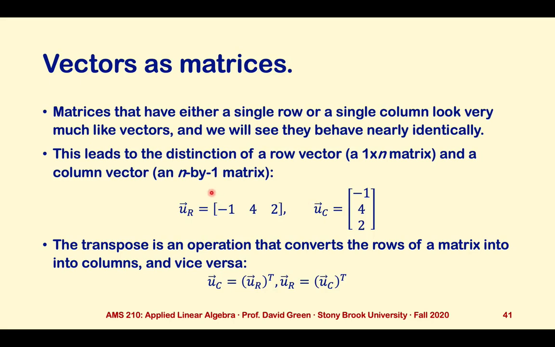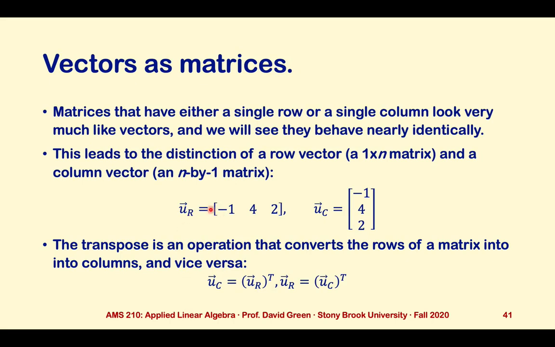per se. It's helpful to have a way to easily switch between column form and row form as needed. And the transpose is an operation we define that lets us do that. The transpose is an operation that simply takes the rows of a matrix and makes them columns, and the columns and makes them rows.